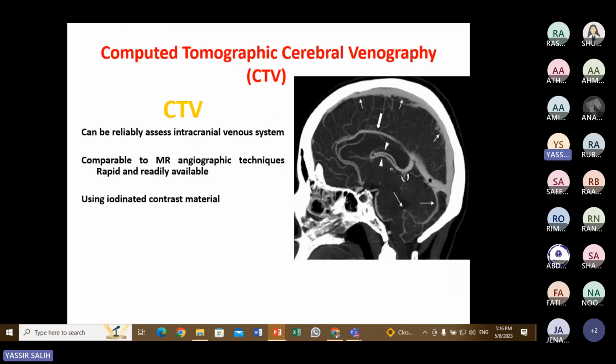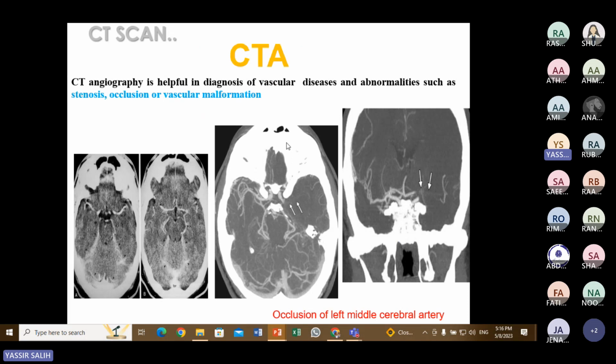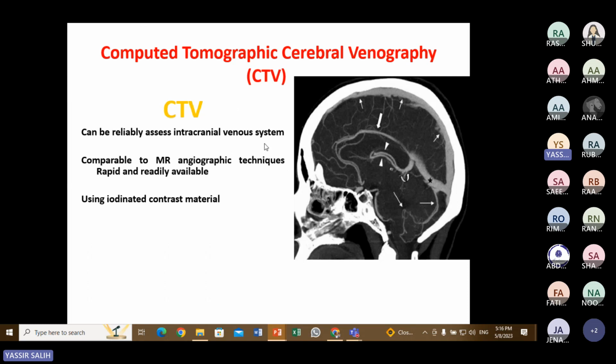Also, CT with contrast can be CTA for blood vessels, CT angiography, and this is CT venography. It is also for assessment of the venous system: the superior sagittal sinus, the inferior sagittal sinus, the straight sinus, the transverse sinus, the sigmoid sinus. All these sites may be assessed clearly with contrast.